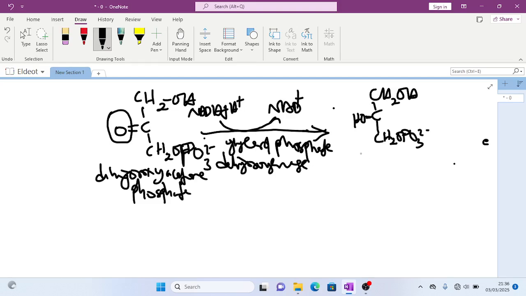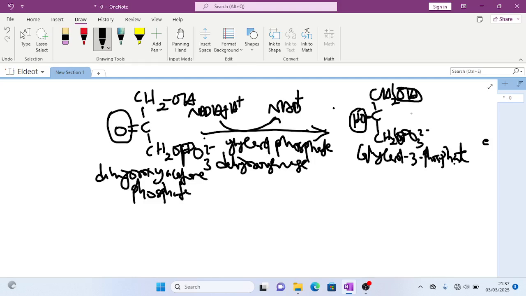So this product is called glycerol 3-phosphate, because there are three alcohol groups. This is 1, this is 2, and this third oxygen represents the third alcohol. So dihydroxyacetone phosphate is converted into glycerol 3-phosphate in the presence of the enzyme glycerol phosphate dehydrogenase.